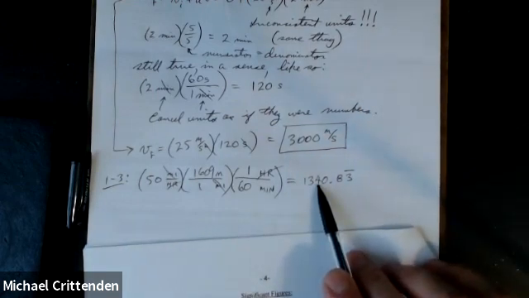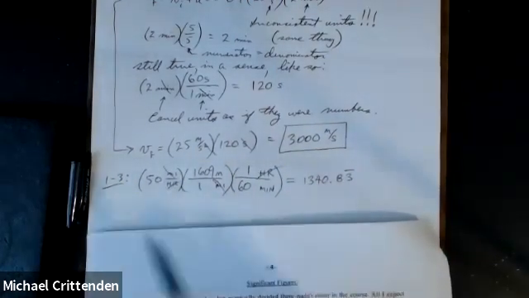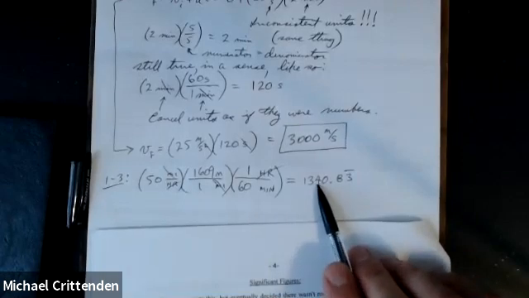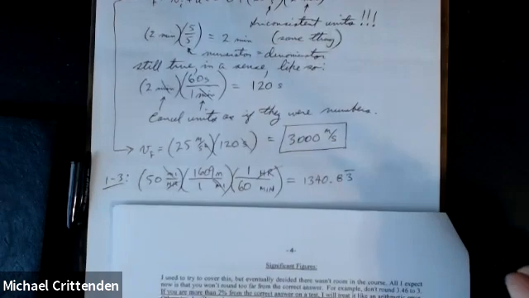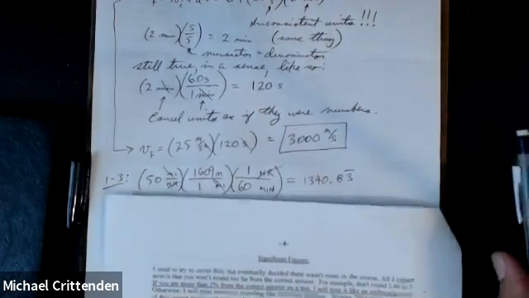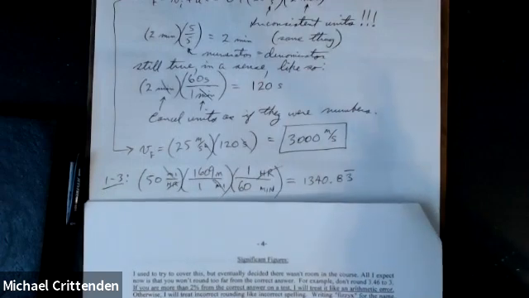Say this 4 might in fact be a 3 or a 5, but it's not a 9, it's not an 8, it's not a 1. That would be the last one you keep, okay? The last significant figure is the one that's somewhat but not completely uncertain.